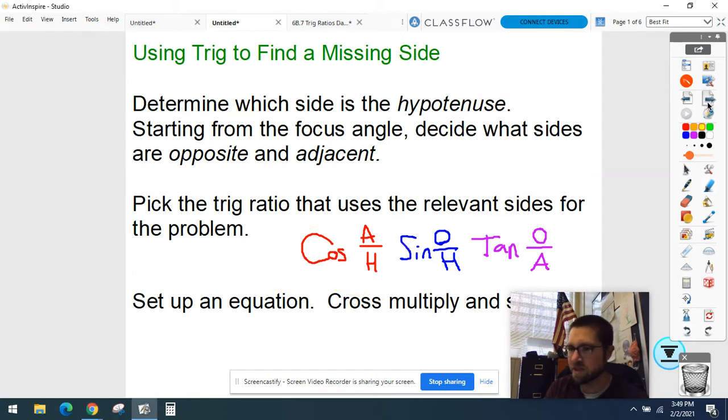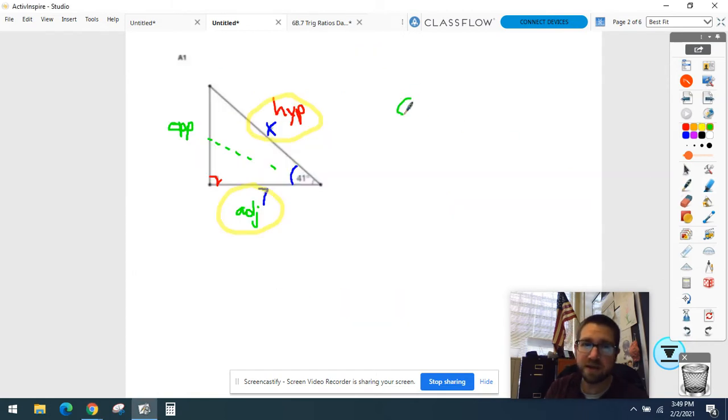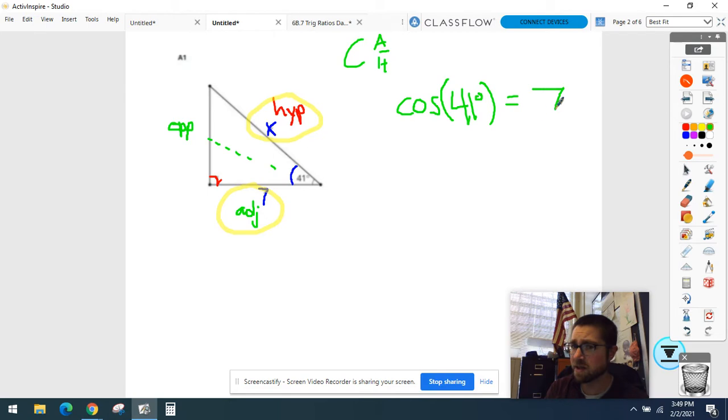So when I set up an equation to solve this, I will write cosine of my angle, 41 degrees, is equal to, let's see here, adjacent side on top for cosine, CAH, adjacent over hypotenuse. So it would actually have to be 7 over x. Well, that's different. That's okay, we'll be fine.